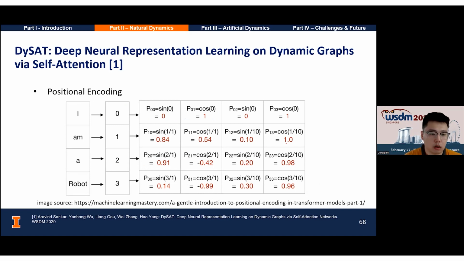Then 0 will be encoded in the positional encoding as 0, 1, 0, 1. If we have the positional encoding function for position 1, we have 0.84, 0.54, 0.1, and 1. This is the general formula of the positional encoding.